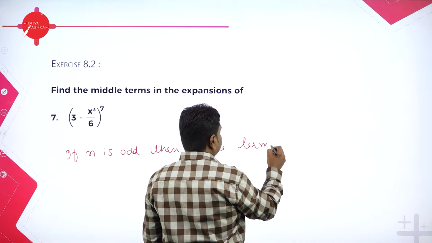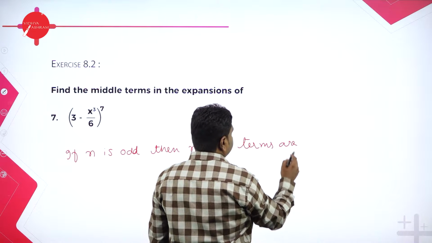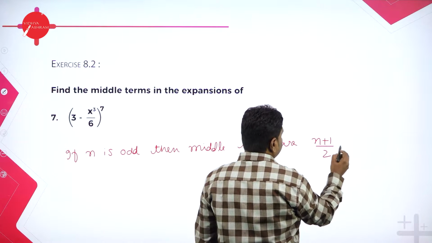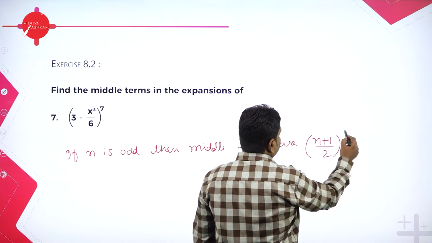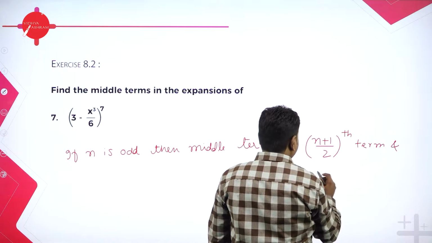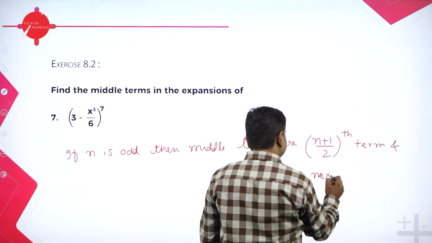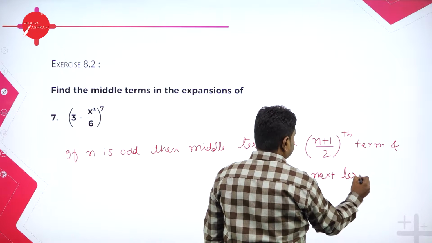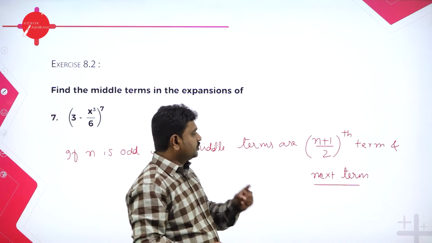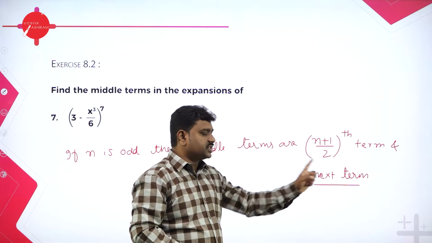The middle terms are (n plus 1) by 2 th term, and next term. So there will be two middle terms, (n plus 1) by 2 th term and next term.